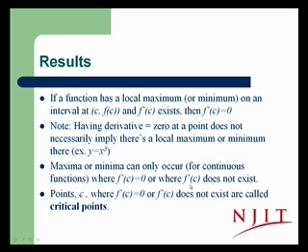Those will be your only candidates for where maximums and minimums can occur. Points c where the derivative is equal to 0 or the derivative does not exist are called critical points or critical numbers. And we're going to find that we'll only need to check our critical numbers or our endpoints to find where maximums and minimums can exist.